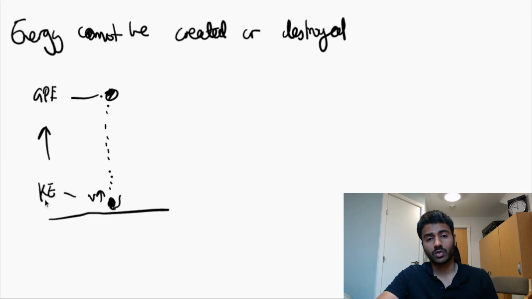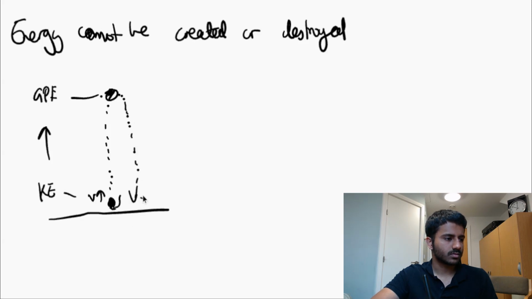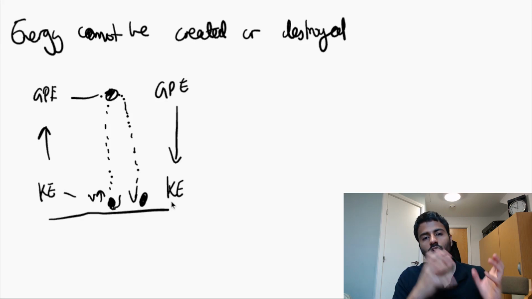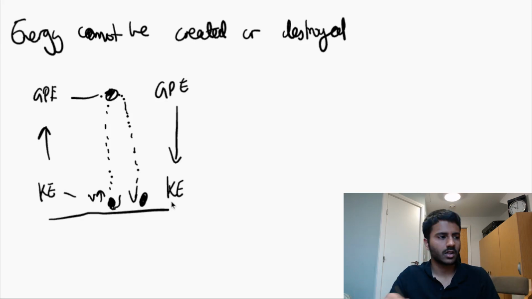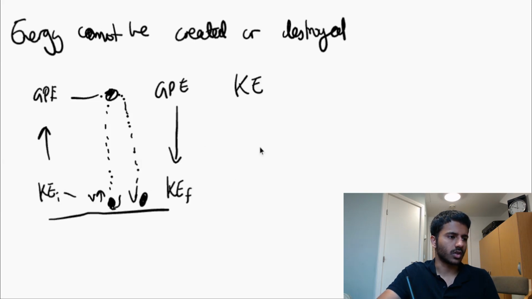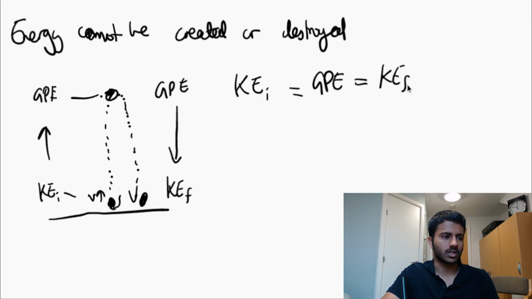Now, due to gravity, this ball is going to start falling down again, and it accelerates downwards. And all this GPE is converted back into kinetic energy. And since energy is not created nor destroyed, the initial kinetic energy, called that KEi, is equal to the gravitational potential energy, which is also equal to the final kinetic energy.